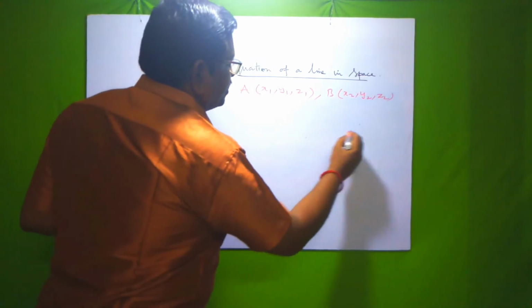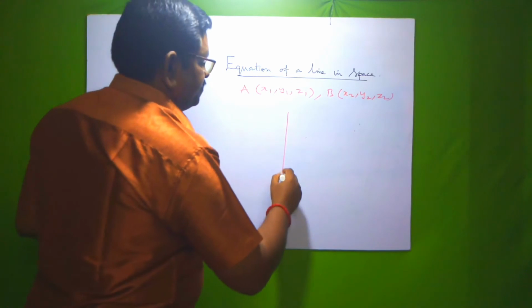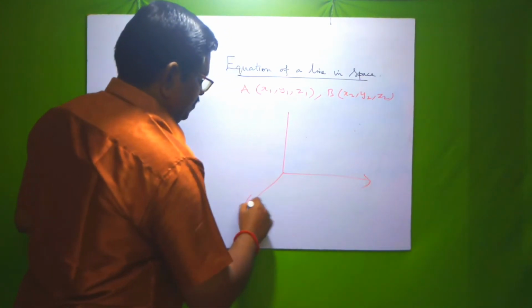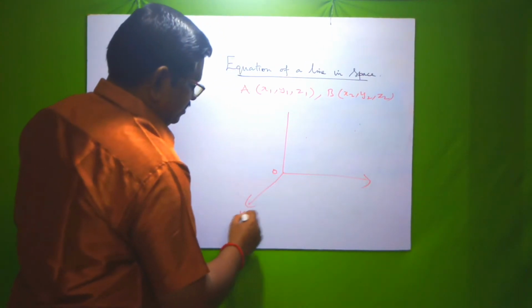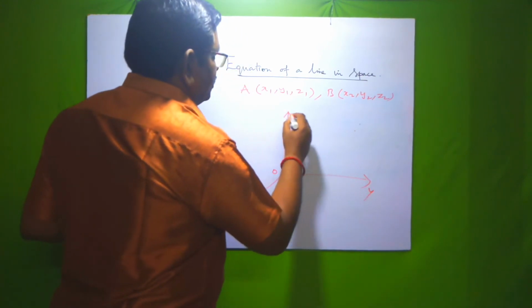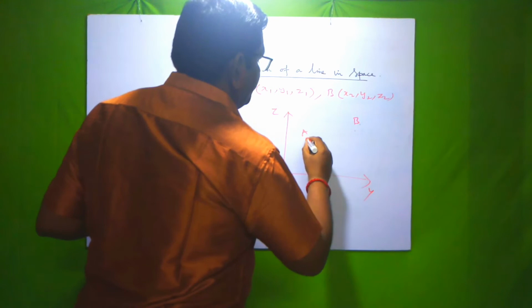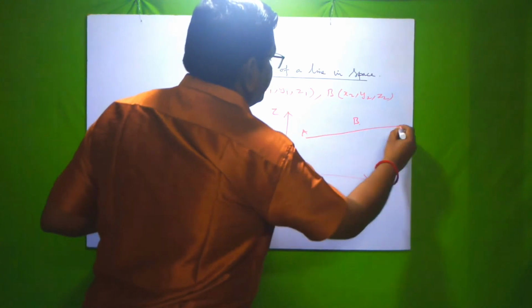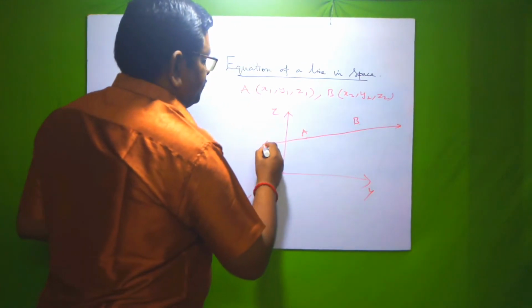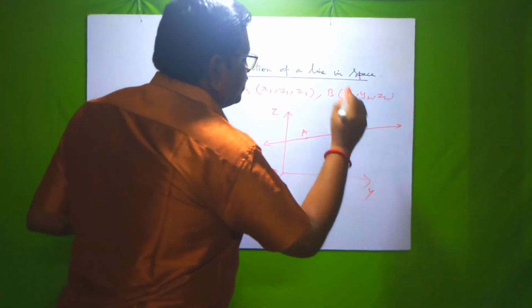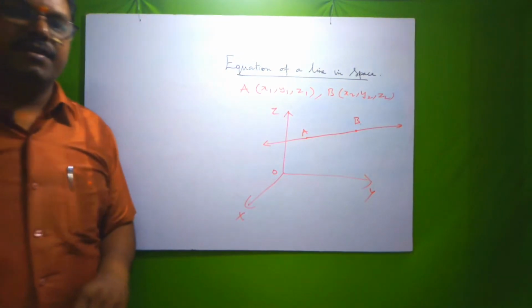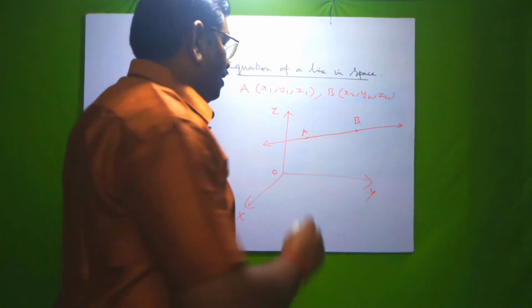We are taking 2 points in space, with the x axis, y axis, and this is the z axis. Here we have taken the point A, say this is point B. When we join these two, we get the straight line which is required. We want to find the equation of the straight line AB.